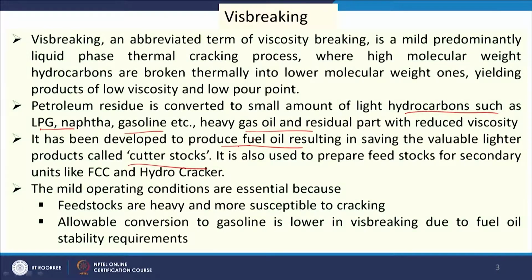The oil produced through this process can be used as fuel oil. The mild operating conditions are required because the materials in the residue are susceptible to heat, and in this method the allowable conversion to gasoline is lower due to fuel oil stability requirements.